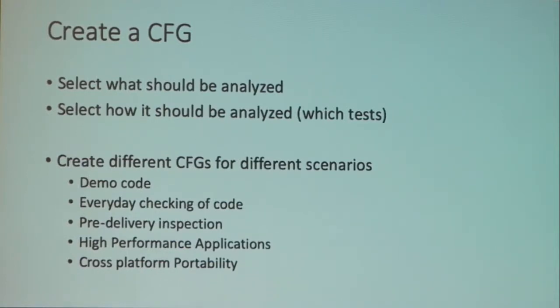Cross-platform portability: if you have to support your application on multiple platforms, maybe your application runs on OS X or Linux, you might want to run some tests to check that you've not used ActiveX, for example, which is only going to work on Windows. Or that paths translate correctly between platforms. So you might want to have a specific test suite, a specific configuration that runs and checks for cross-platform portability.